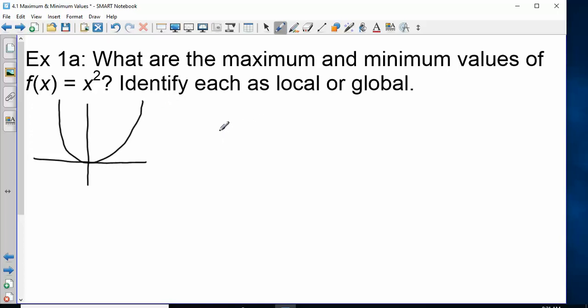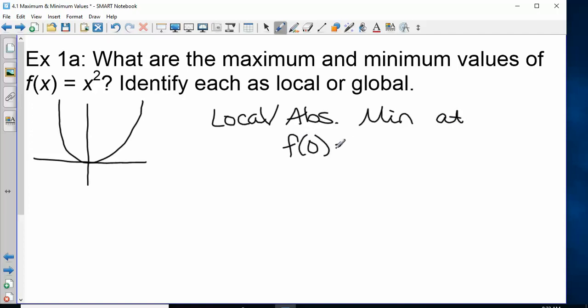What does this one have on it? It has a minimum. Is it local, absolute, or both? Both. So it has a local and global, or absolute, whatever term you want to call it, min at f of 0 equals 0, when x is 0 and y is 0.